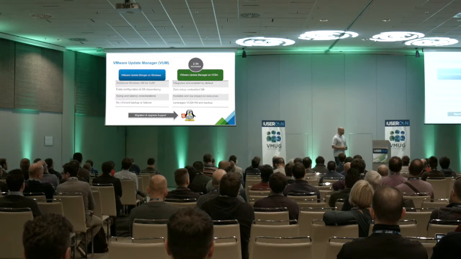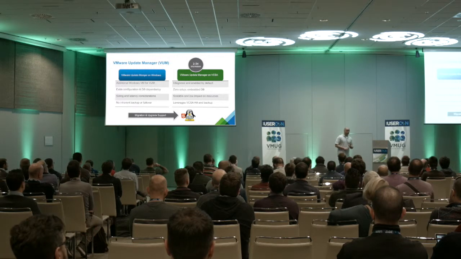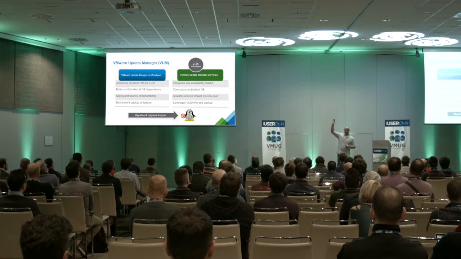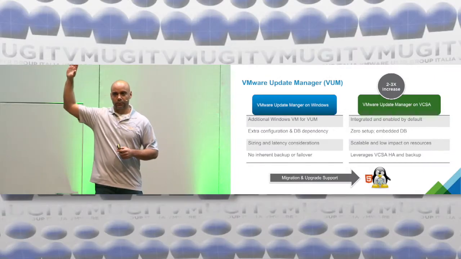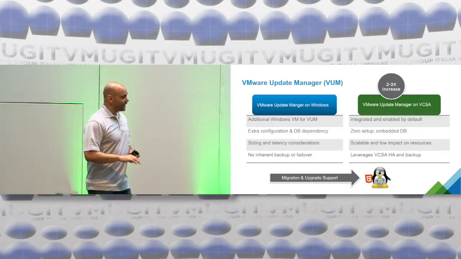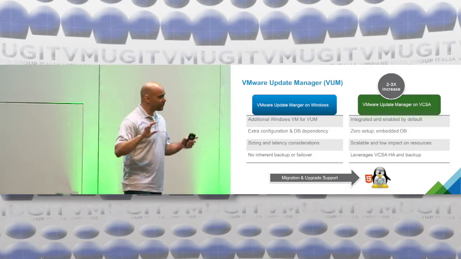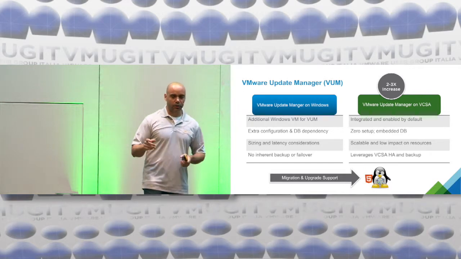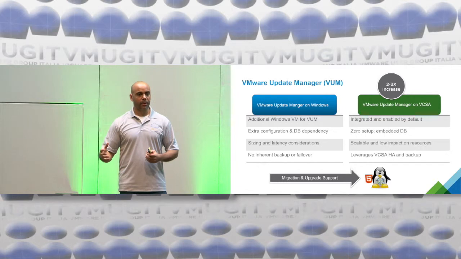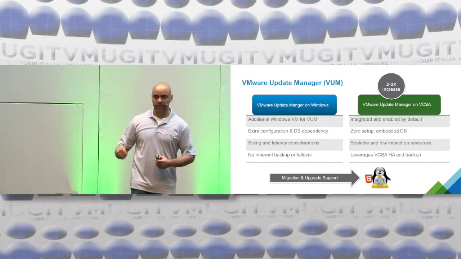This also supports not only upgrades, but migrations. So if you're already on the appliance, how many folks here are already on the appliance today? Wow, the rest of you are breaking my heart on Windows. If you're already on the appliance today, it's a simple upgrade. You'll just use the migration assistant on Update Manager, and as part of the upgrade process, it's going to pull in your baselines.